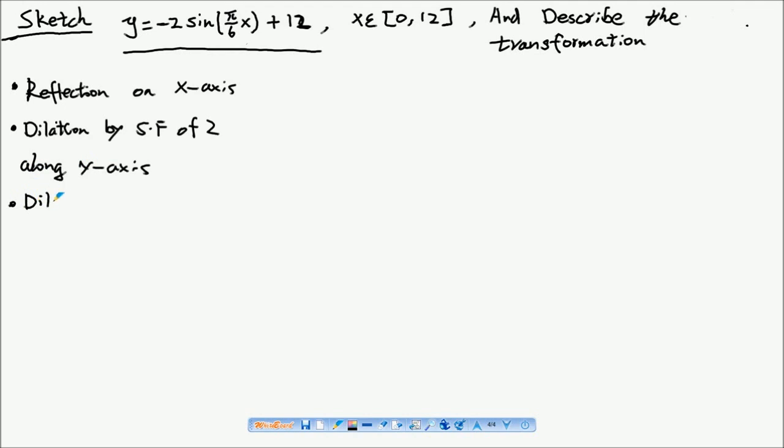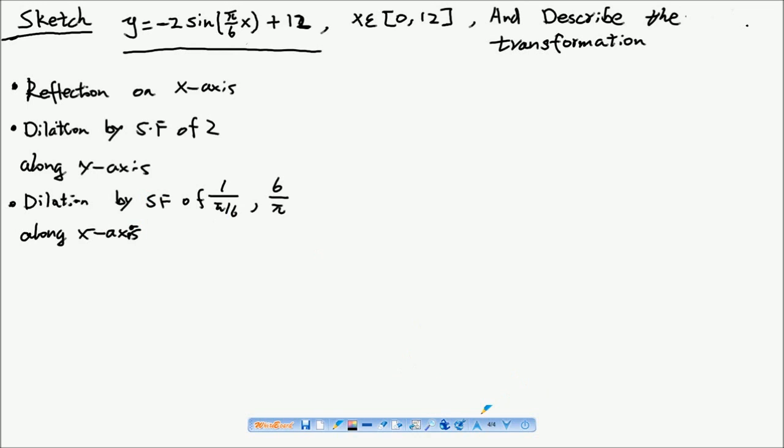So dilation by a scale factor of 1 on pi on 6, which is 6 on pi, along the x-axis.